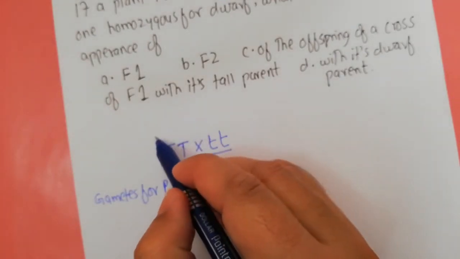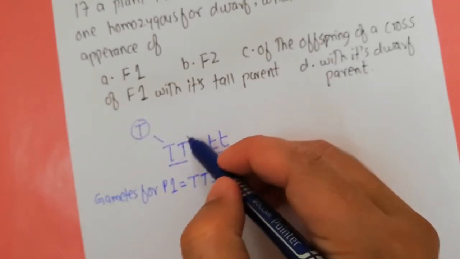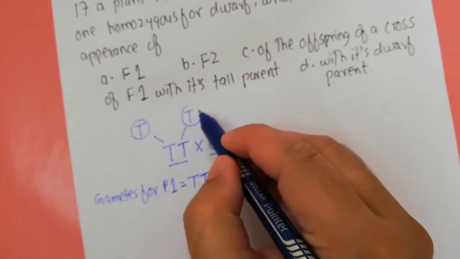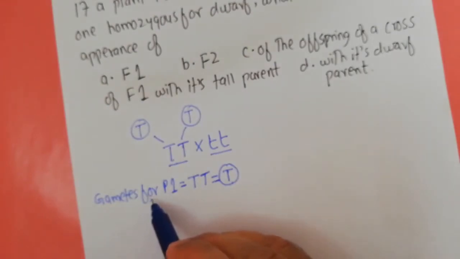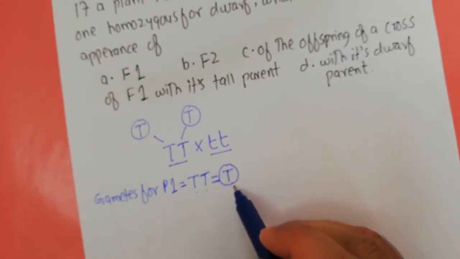So one capital T is going to go into one gamete, and the other capital T is going to go into the other gamete. As the gametes are identical to each other, this parent with the genotype capital T and capital T will be producing a single kind of gamete, represented by the capital T.